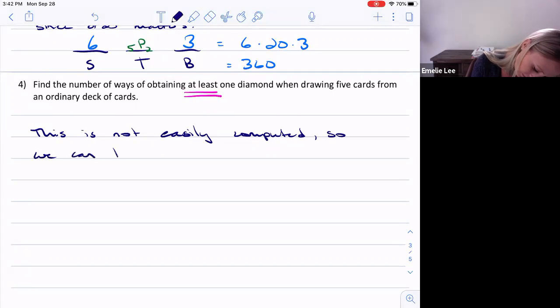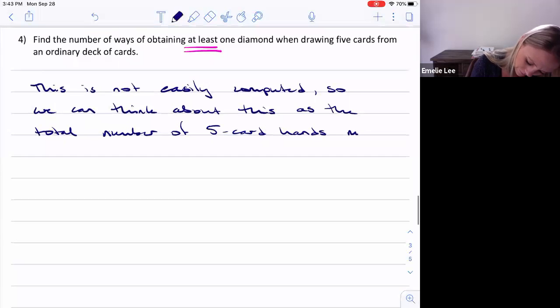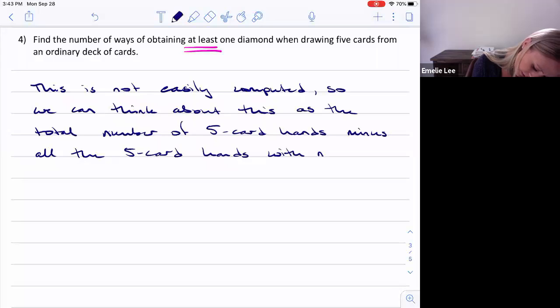So we can think about this as the total number of 5 card hands minus all the 5 card hands with no diamonds.